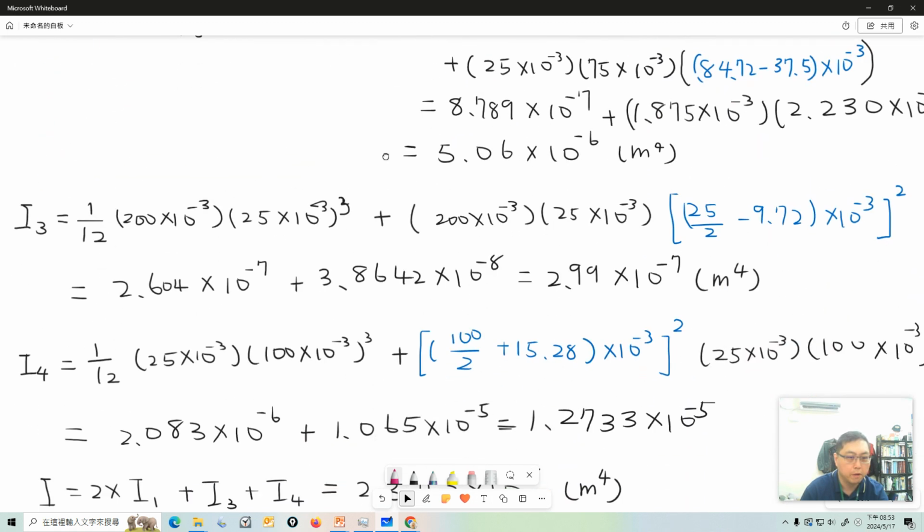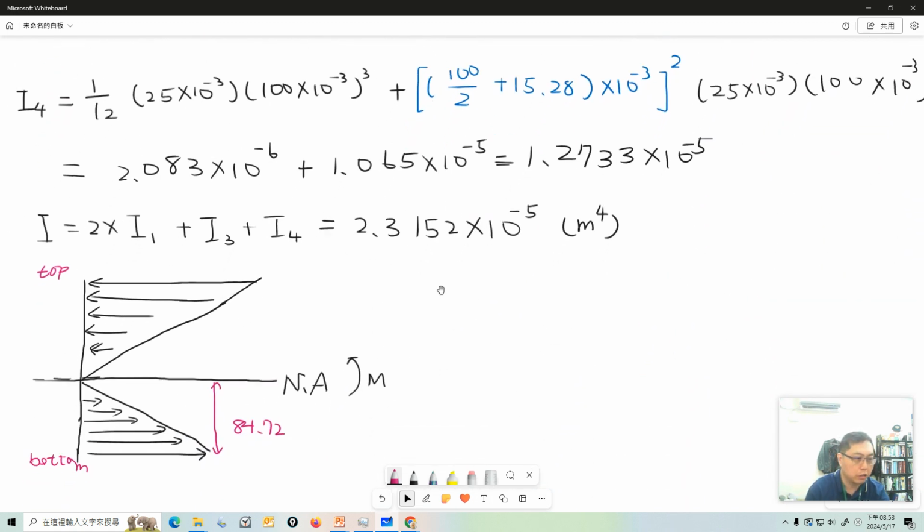Let's take a note here: 200 minus 84.72 is 115.28. Don't forget our units are millimeter.